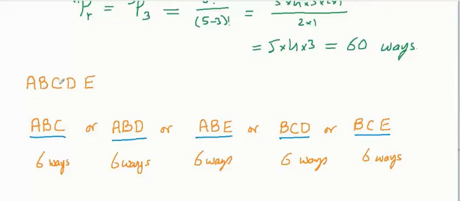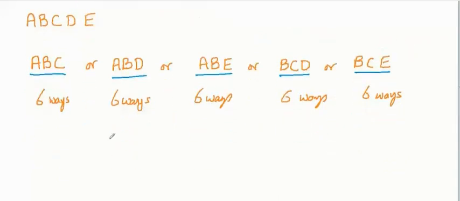First I took AB with C, then AB with D, then AB with E. Then BC with D and BC with E. Okay, so now I will take BC, BD or CD, the 2 consecutive. CD, yes, anyone else can tell, CD with E, right?